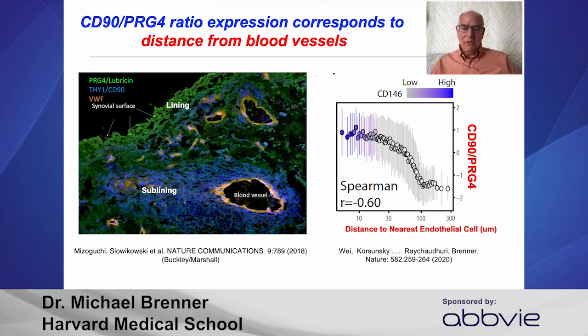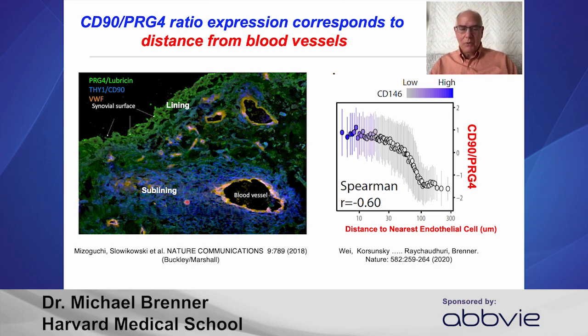Well, what might it be doing? When we looked histologically, and this is synovium from an immunofluorescently stained sample, you can see the synovial lining here in green is stained with lubricin, a proteoglycan 4 marker, and the sublining is stained here in blue with THY1 or CD90, a marker of the sublining.